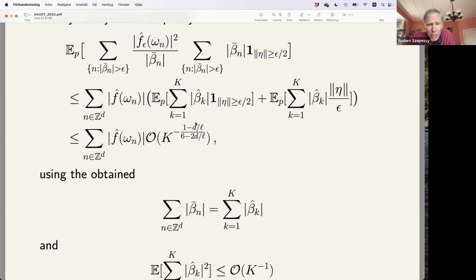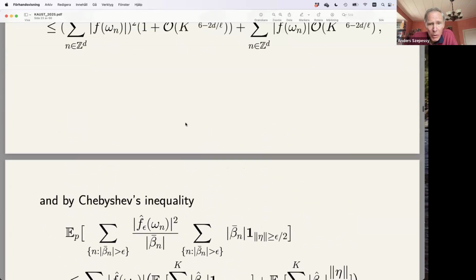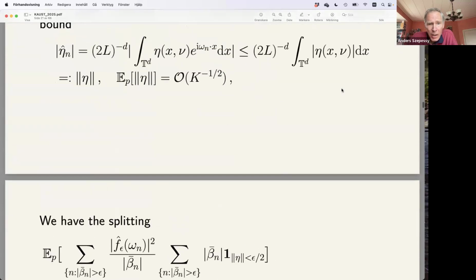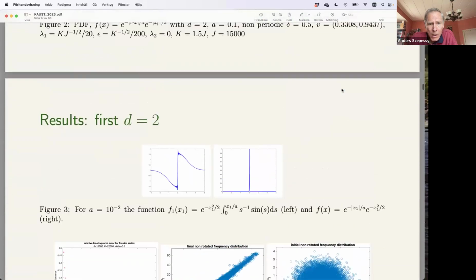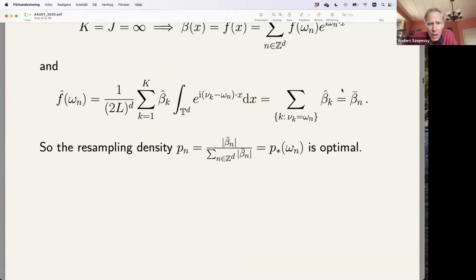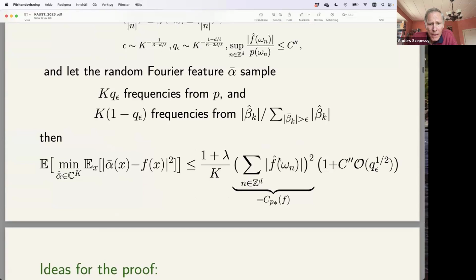So these are rather elementary steps, and this bound together with that bound here gives the proof. That is the proof here.